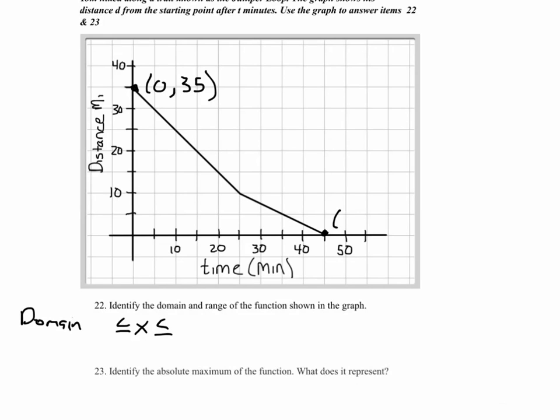Oops, nope, that's 45. 45, comma 0. So we're going to do this. My domain is my x values. So this is 0 less than or equal to x less than or equal to 45.